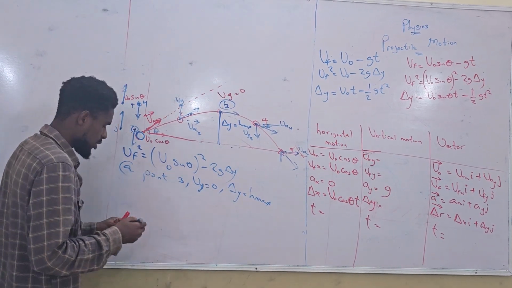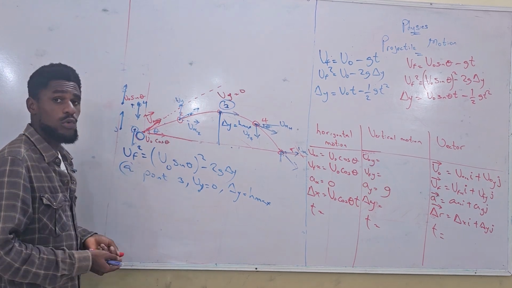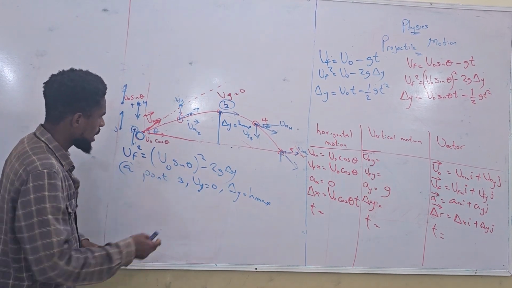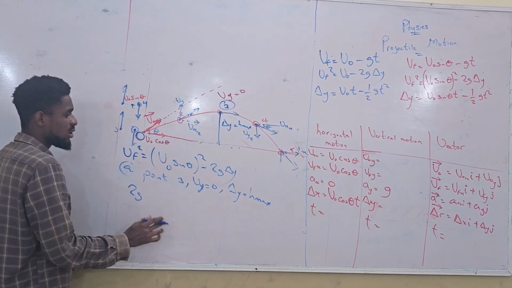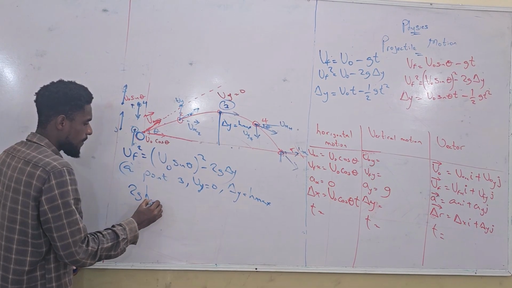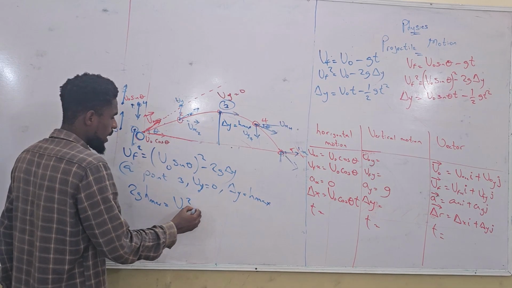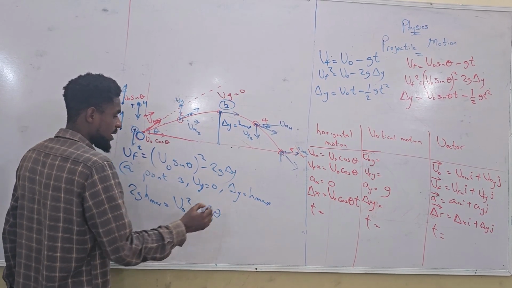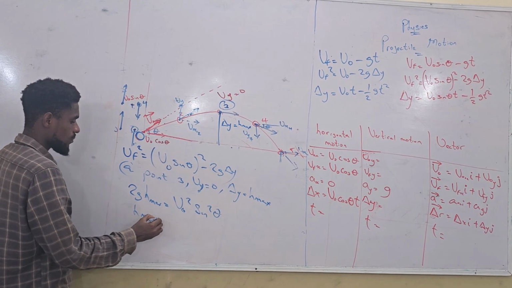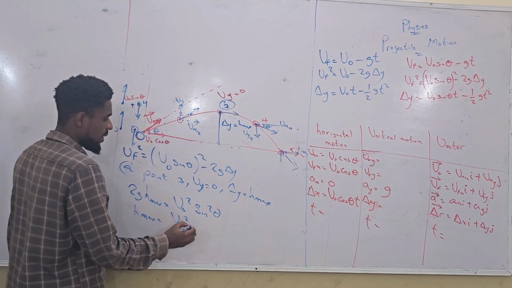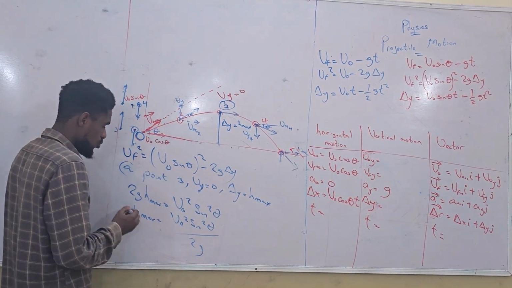So we can now reshuffle, and everything here will be equal to 0, because by the time you square 0, it will still give us 0. Then bring this to the other side. We have 2g h max, or maximum height, must be equal to v naught squared sine squared theta. And then divide both sides by 2g. So h max will simply be equal to v naught squared sine squared theta, everything divided by 2g.